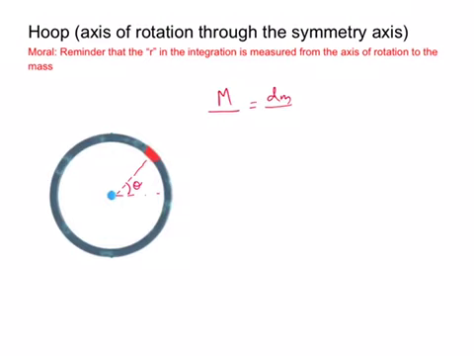Here, the total mass is located by sweeping through the full angle of 2 pi radians, and this is equal to the ratio of dm to d theta. A small dm is a small angle wide. Now, we can solve for dm to set up our integral, which gives us dm equals big M over 2 pi times our differential d theta.